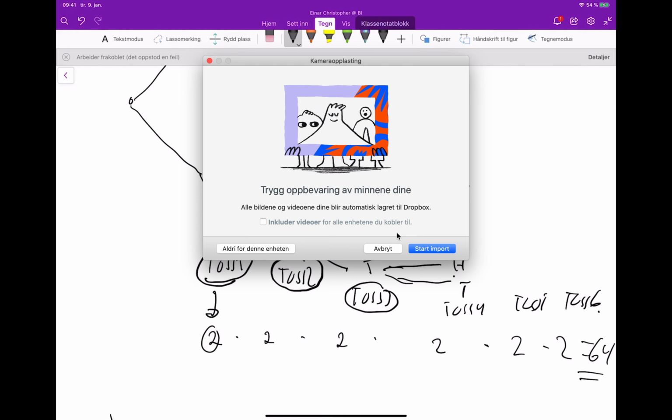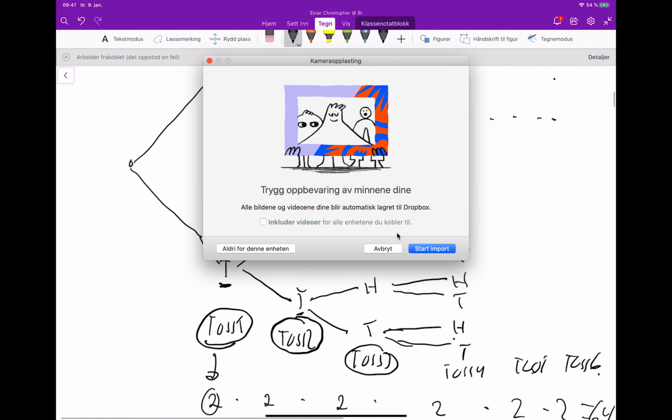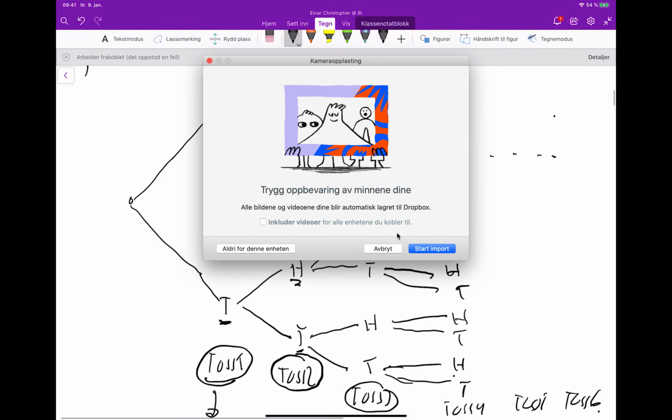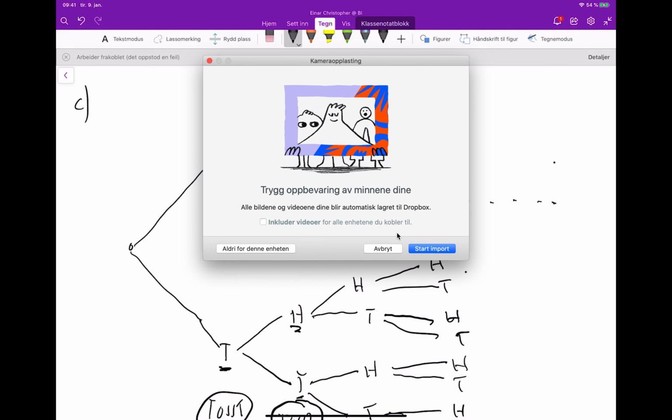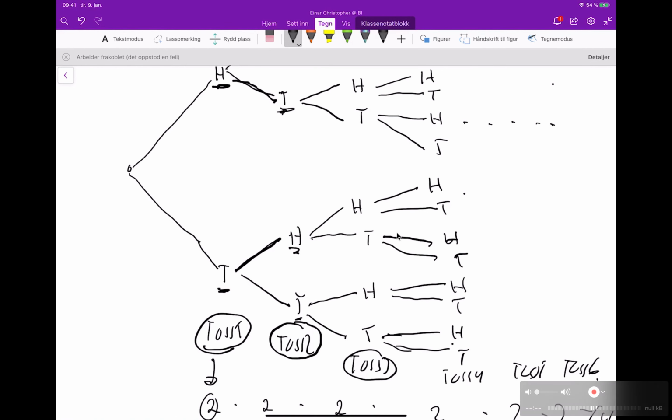But then we toss a second time, and we now have new 2 possible outcomes, so we get totally 2 times 2 equals 4 total outcomes on 2 tosses, and the 4 total outcomes are head head, head tail, tail head, and tail tail.